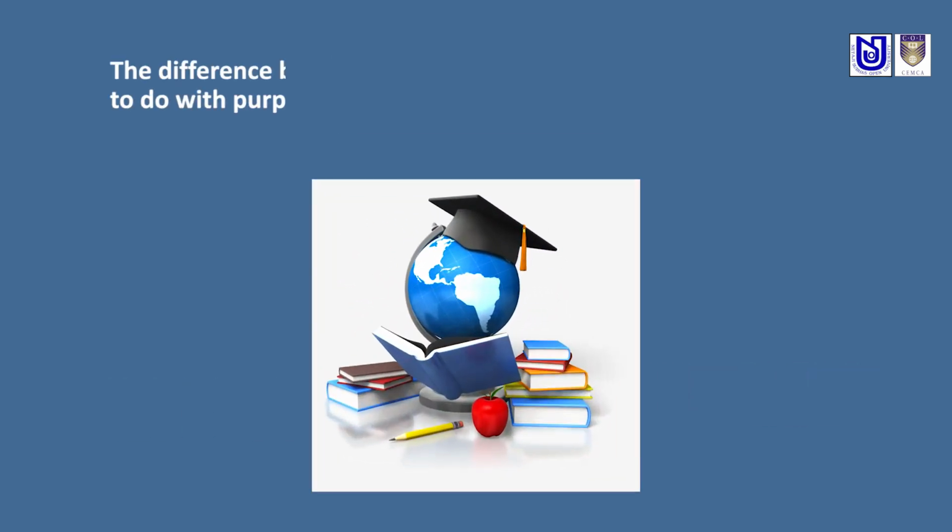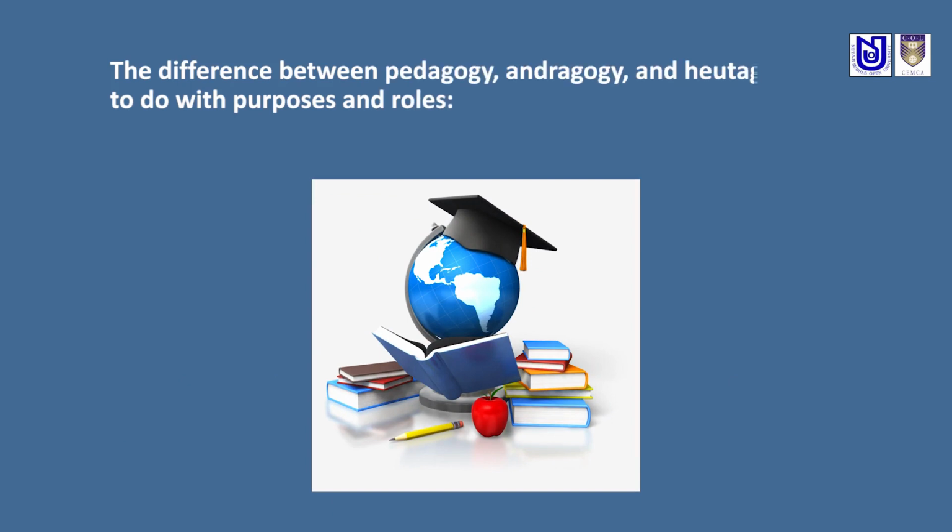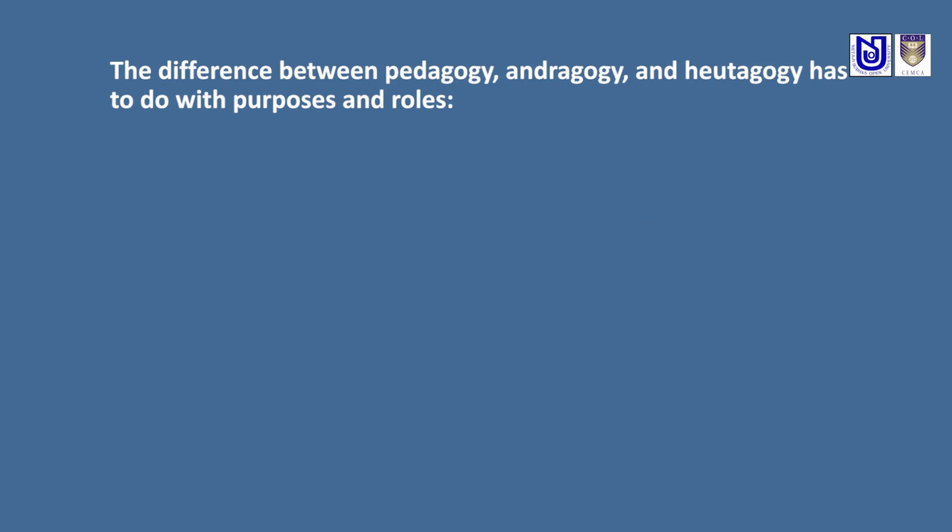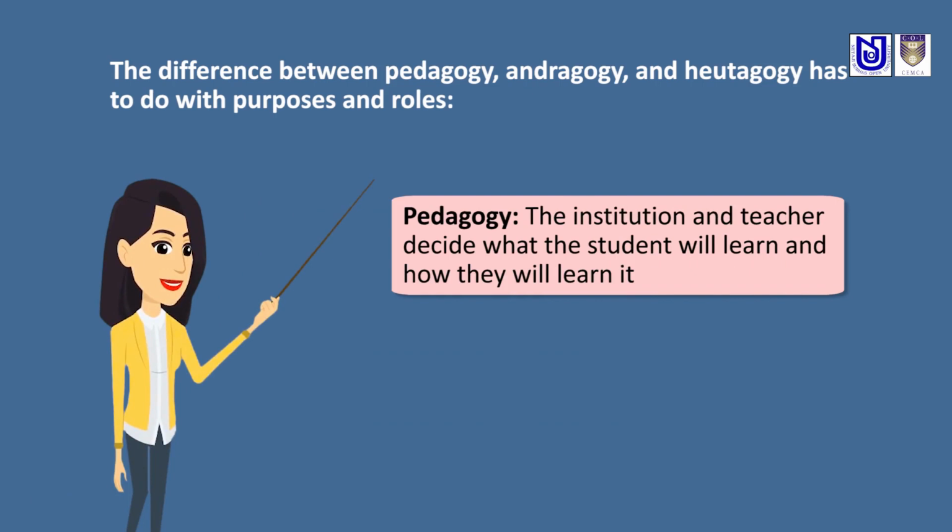So can we put it this way, that the difference between pedagogy, andragogy and Heutagogy has to do with the purposes and roles? Because we have actually defined the purposes and roles for the learners in these three domains. In the case of pedagogy, the institution and teacher decide what the student will learn and how they will learn it, because we have already said they are dependent personalities.